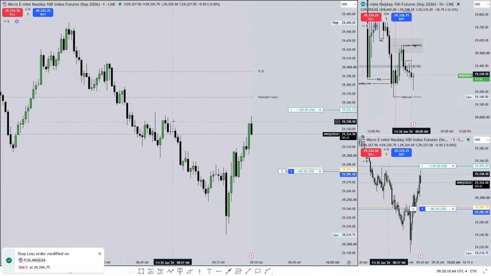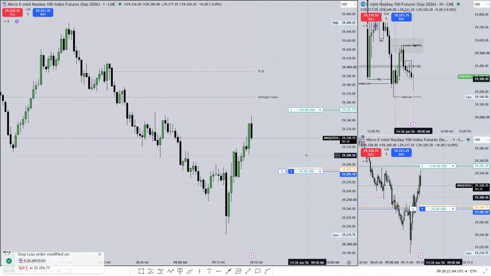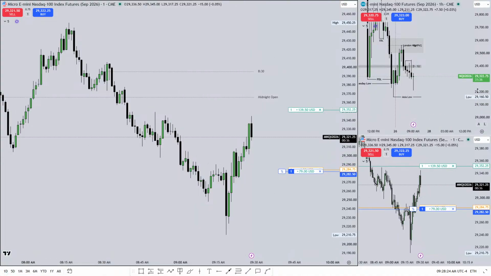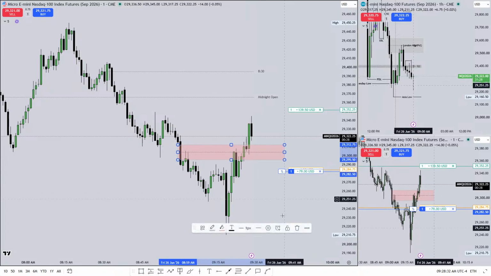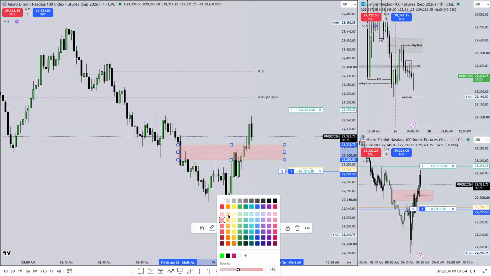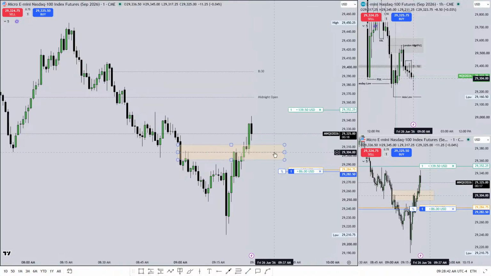I just want to make sure I'm protected in case of any crazy volatility here. Could use this as an inversion fair value gap. That's pretty much why I'm at break even, because I wouldn't want to see it go back below here on a closing basis. We want to see it hold this midpoint.